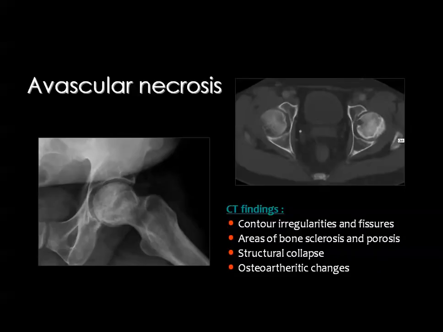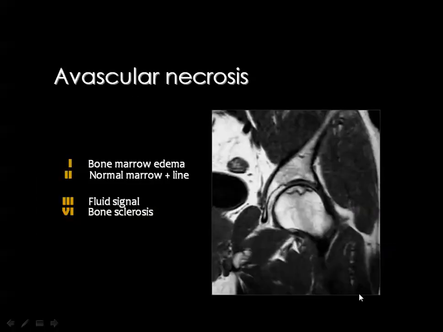Then here in the CT scan you can see that the femoral head on the left side is sclerotic, and it shows minimal contour irregularities compared to the normal femoral head on the right side, which is of normal bone density and regular outline.